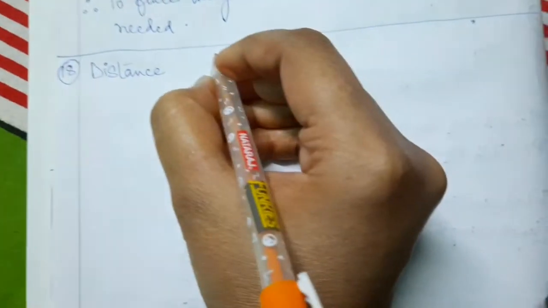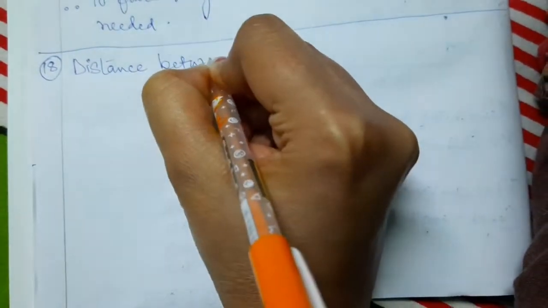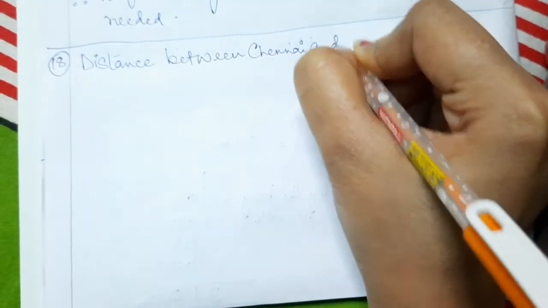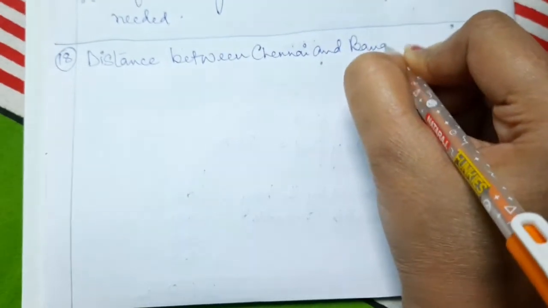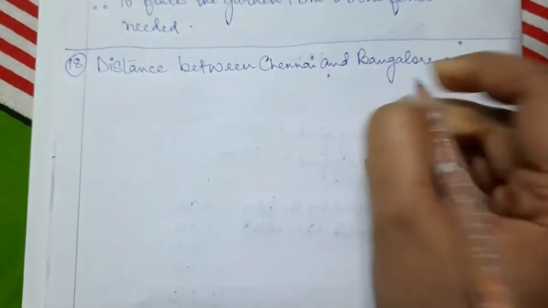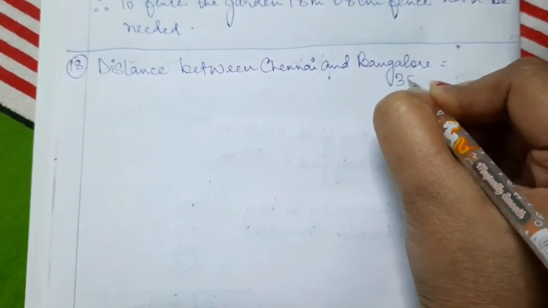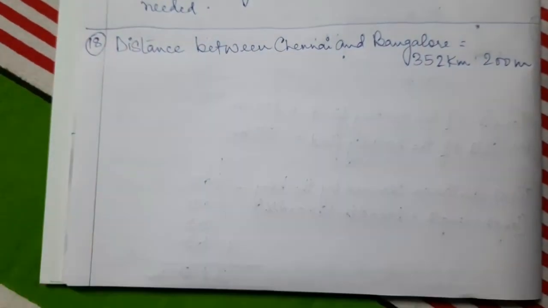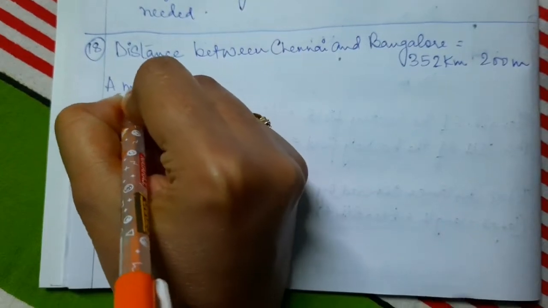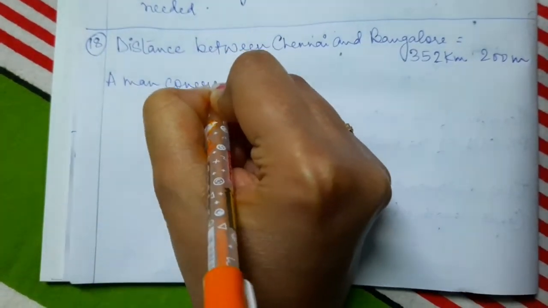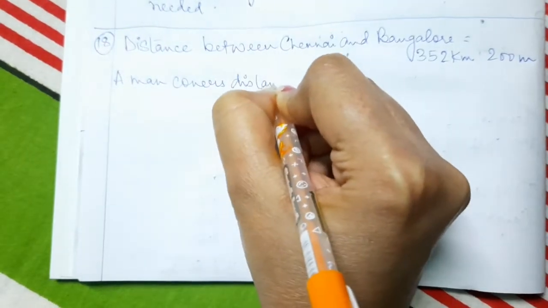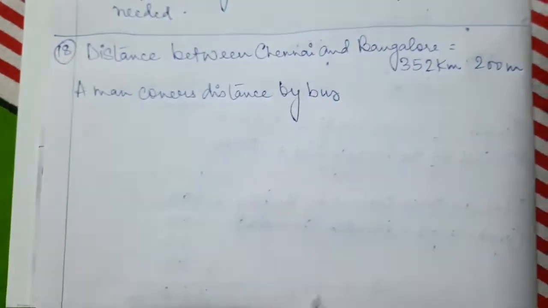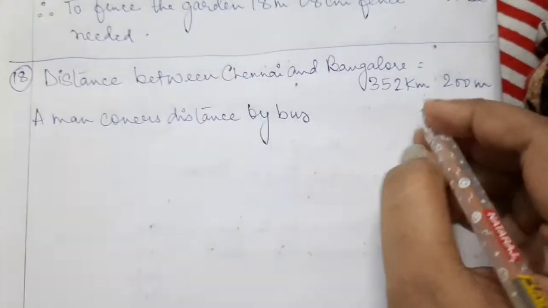Distance between Chennai and Bangalore is equal to how much? 352 kilometer 200 meter. A man covers distance by bus equals to how much?